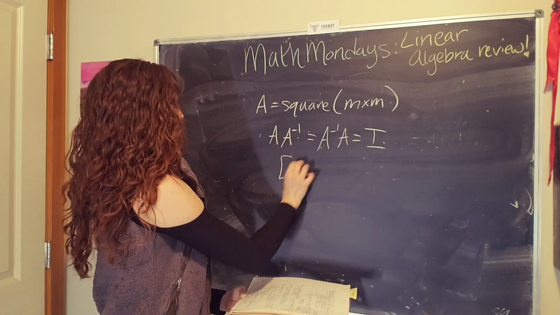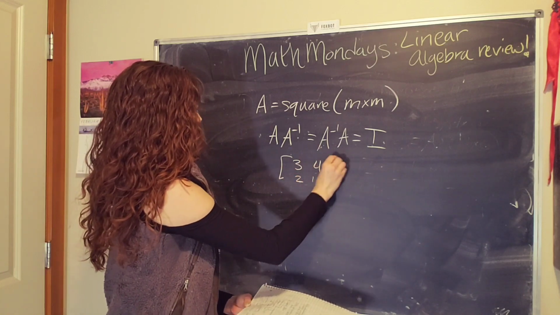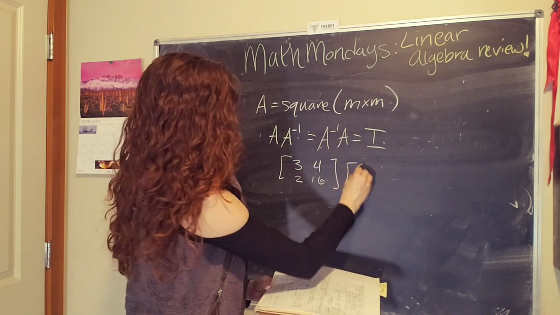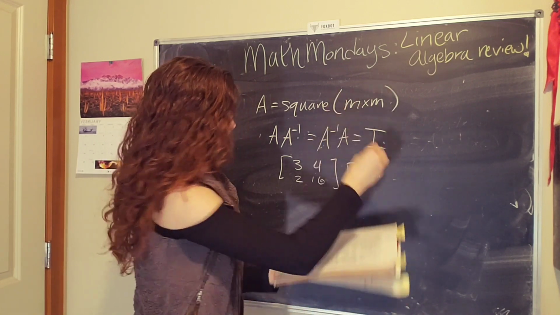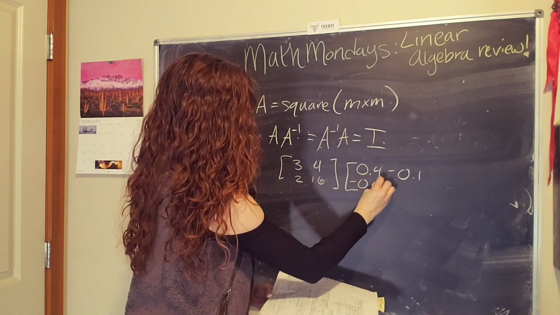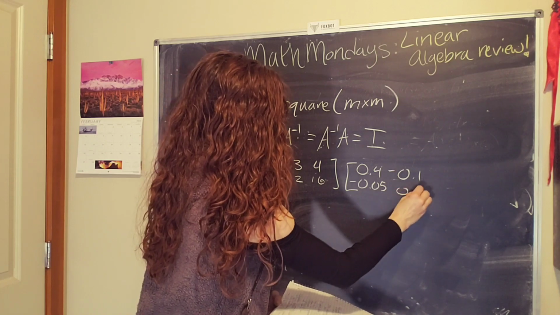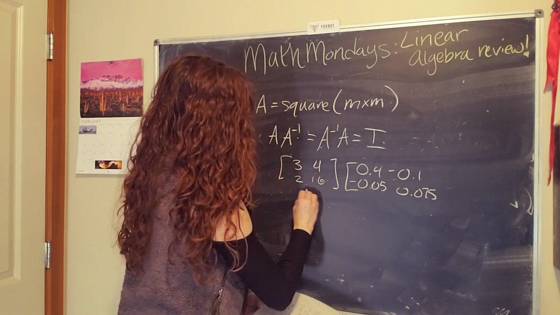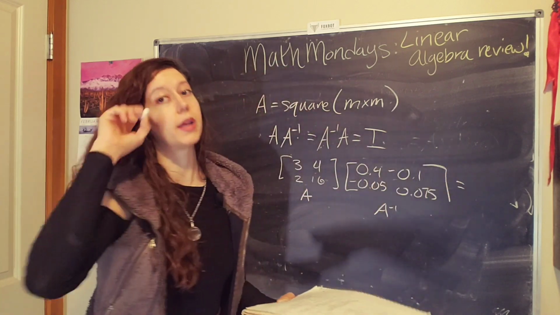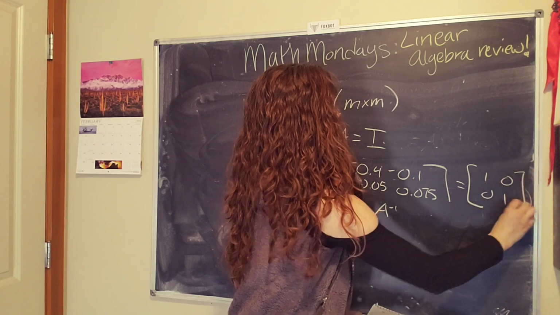So for example, 3, 4, 2, and 16, the inverse of this is 0.4, -0.1, -0.05, and 0.075. So this is A. This is A^-1, and multiplying these together would give us 1, 0, 0, 1.